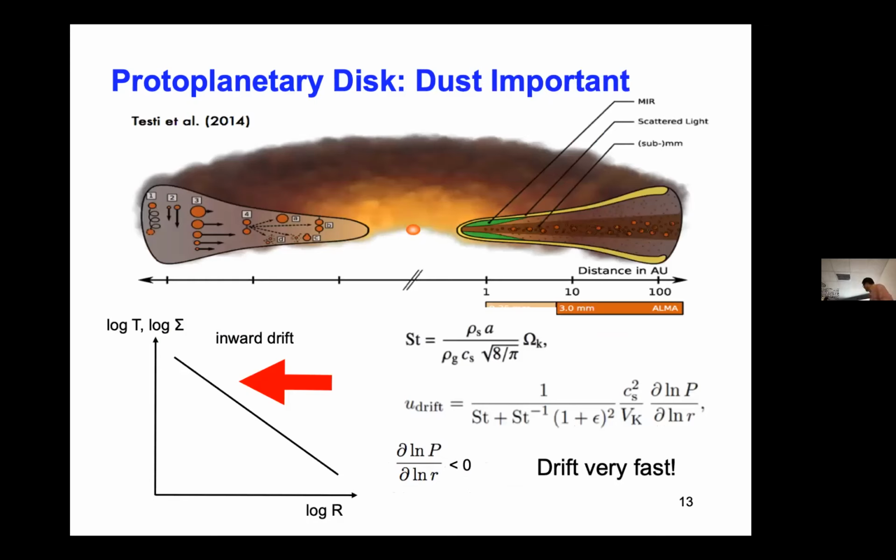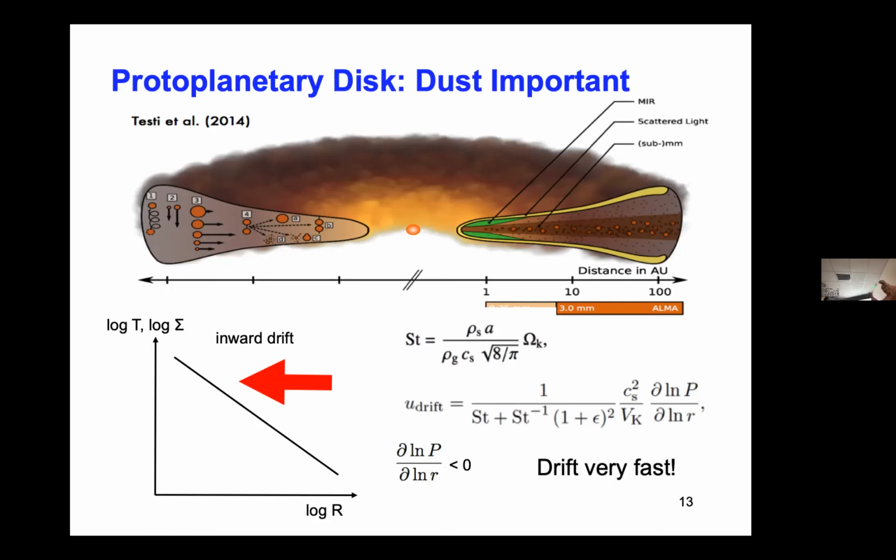That was gas. Now it's dust, the dust particles. There's one thing I want us all to understand: the dust also feels the gravity. So the dust also goes around the star in Keplerian motion, because the dust particles don't have pressure.